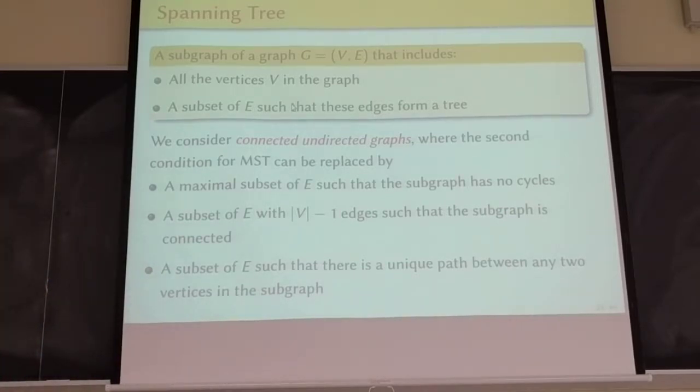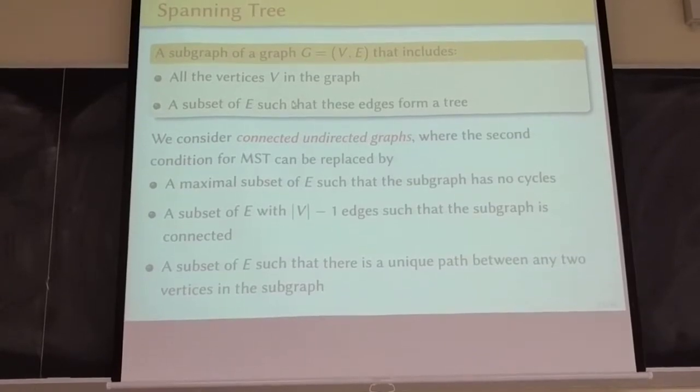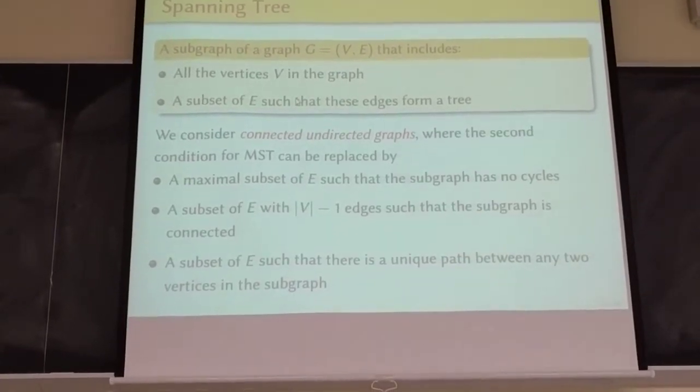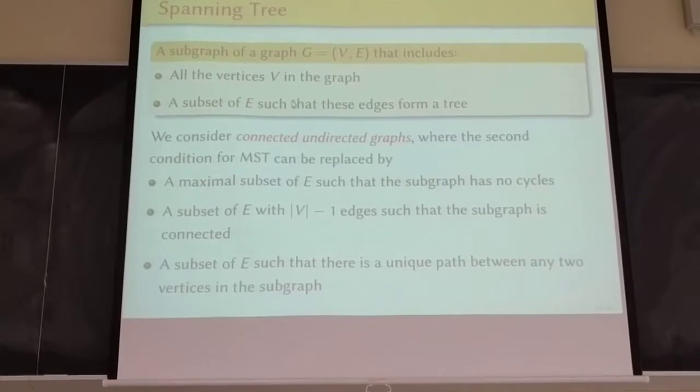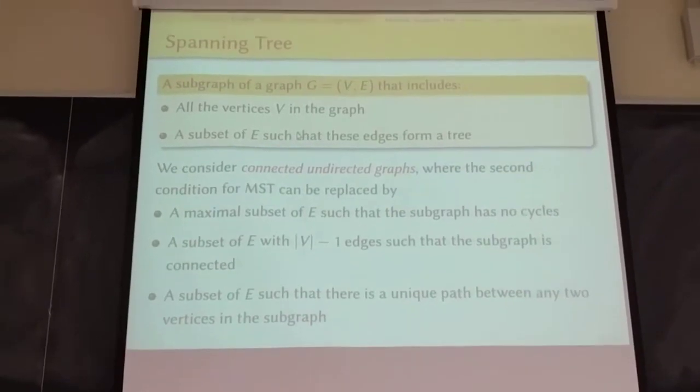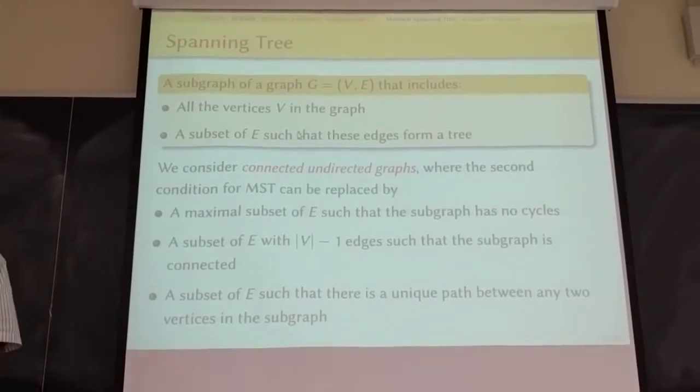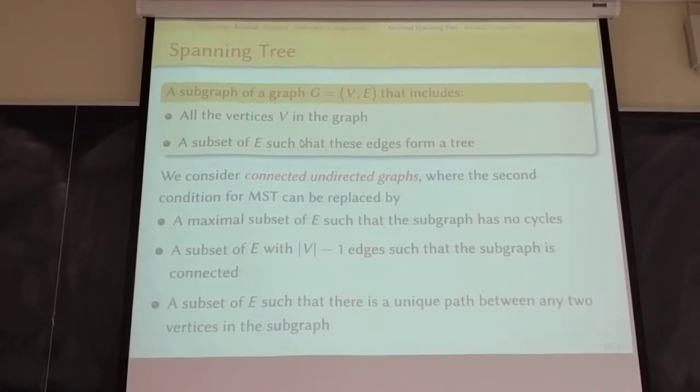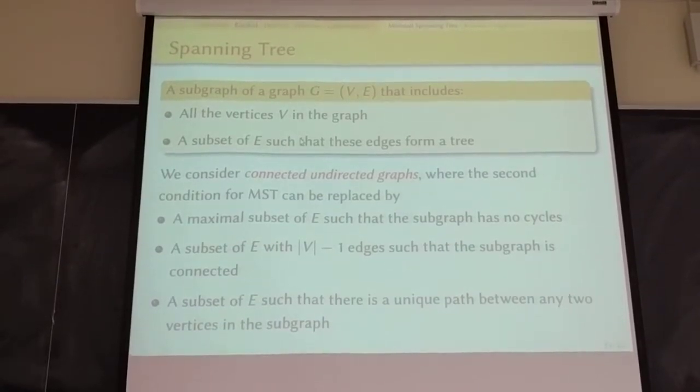In a tree, given any two vertices, there is a unique path. What that implies is that if you add another edge to a tree, that will create a cycle.